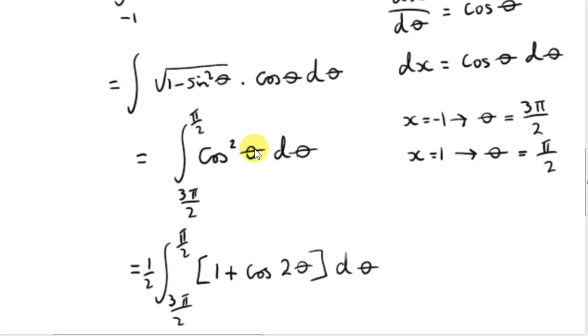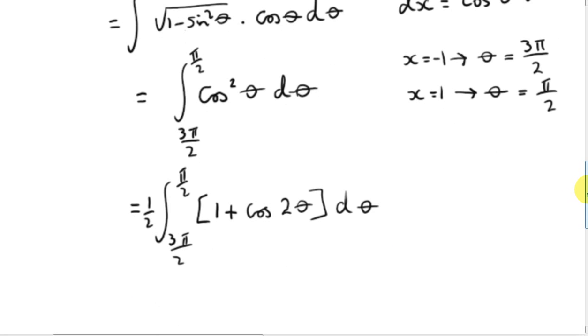Now we need to use an identity for cos squared theta. This is the one we use: half times 1 plus cos 2 theta. Integral of 1 with respect to theta is theta. The integral of cos 2 theta is, well, the integral of the cos function is the sine function, and we divide by the coefficient of theta.